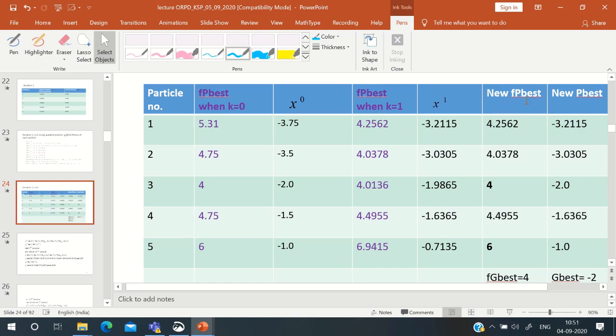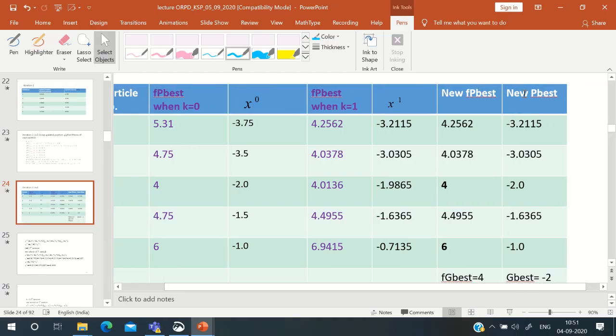So the new function personal best value is 4.2562, and the corresponding x is -3.2115. So the new personal best position for particle number 1 is -3.2115.